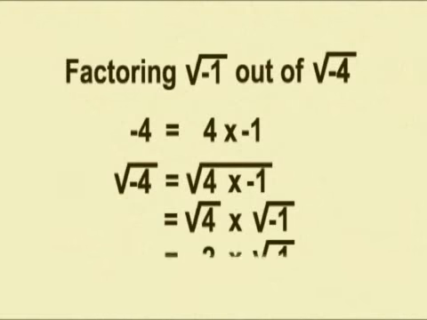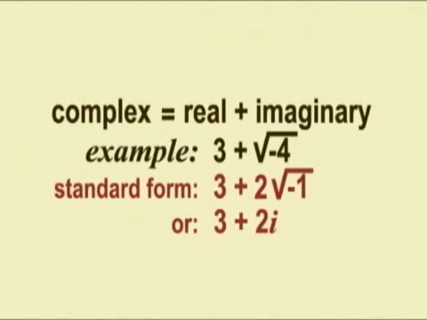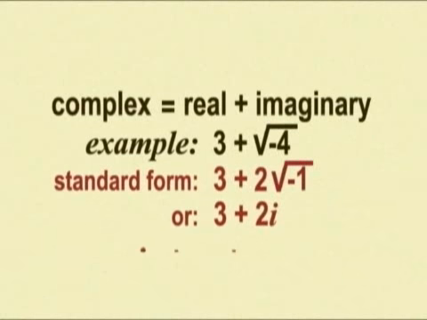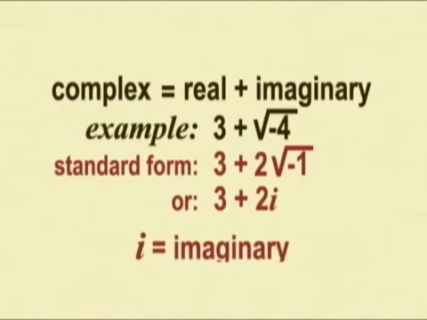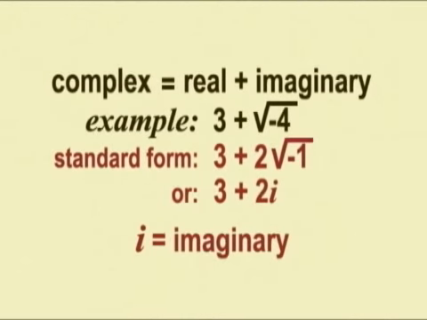Then the square root of 4 is simplified to 2. Now we have our complex number in the standard format: a real number plus another real number which is multiplied by the square root of -1. We call the square root of -1 i, for imaginary. This number is so special in mathematics, it has its very own name.